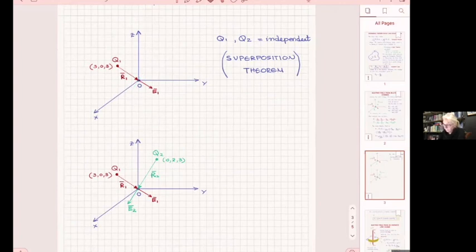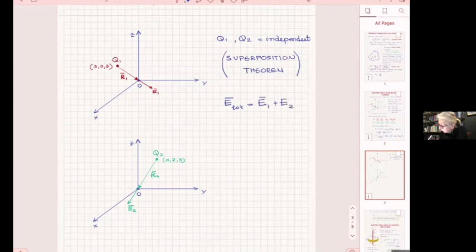In the second one, eliminate the first. Solve each one of these problems separately. Find the two fields, E1 and E2, and then say that the total field equals E1 plus E2.